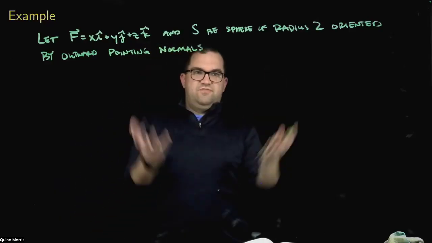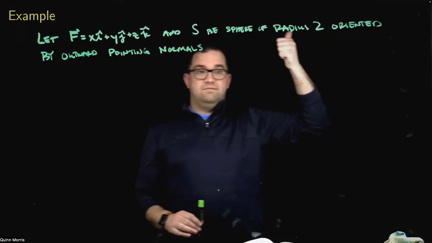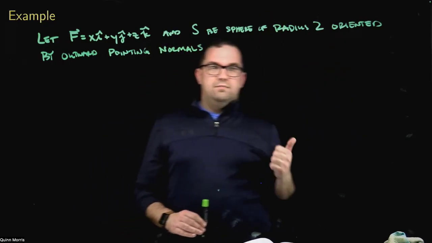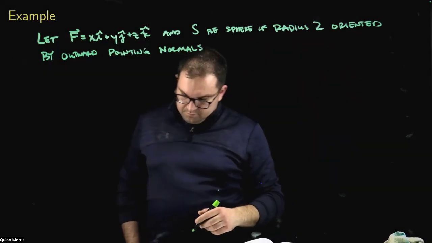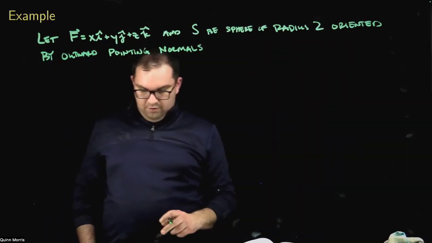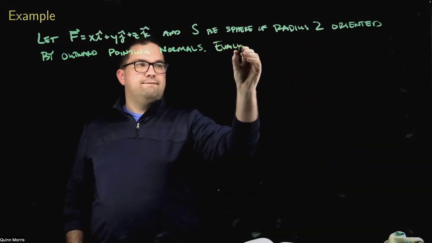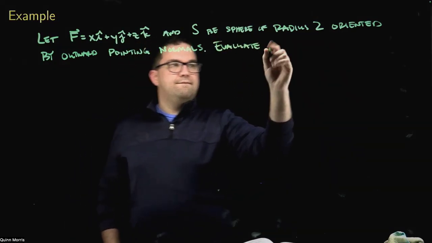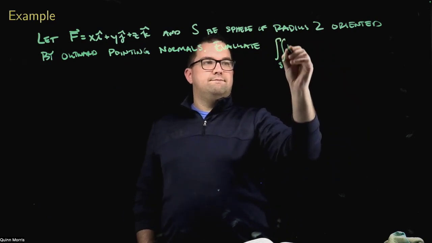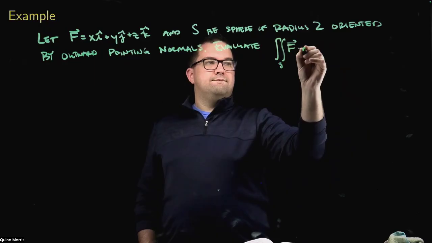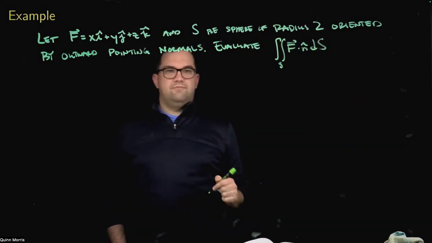Okay, so again, I have the sphere, and I want my normal vectors to be the ones that are pointing to the outside of the sphere, to the unbounded part of R3, not into the sphere, right? Now, my goal then is to evaluate the surface integral of F.